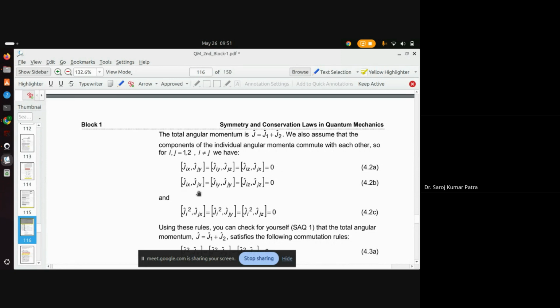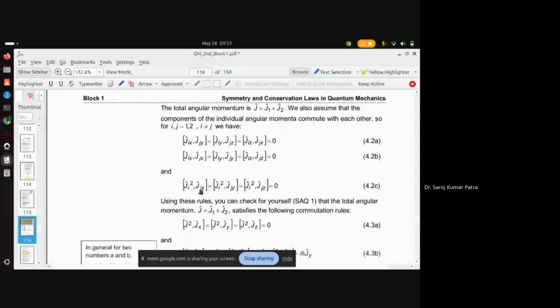What about the x components? Yes, the x component will also be 0, right? Because there are two different particles. You can see the first subscript is i, the second subscript is j, denoting the first is for the first particle, the second is for the second particle. Since there are two different particles, we can determine their total angular momentum simultaneously. And Ji square will commute with Jjx, Jjy, Jjz.